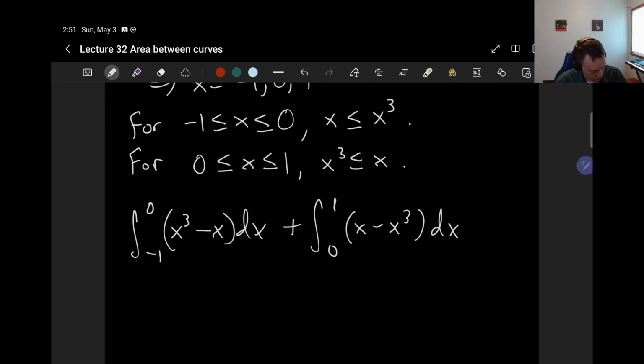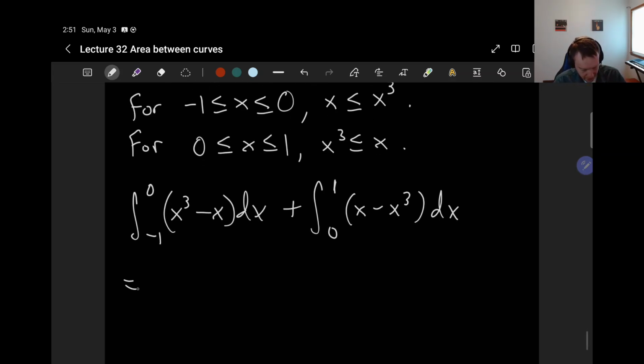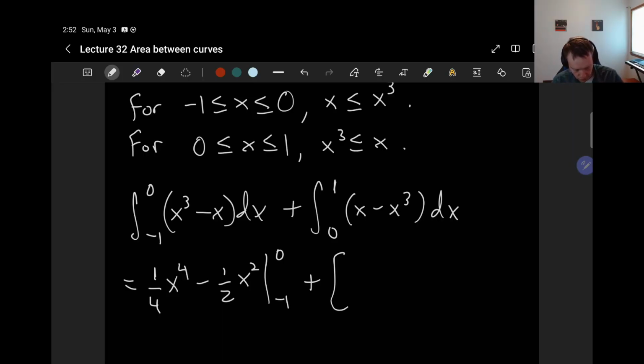All right, so let's find those antiderivatives. I get 1/4 x to the 4th minus 1/2 x squared from -1 to 0. And over here, I get 1/2 x squared minus 1/4 x to the 4th.